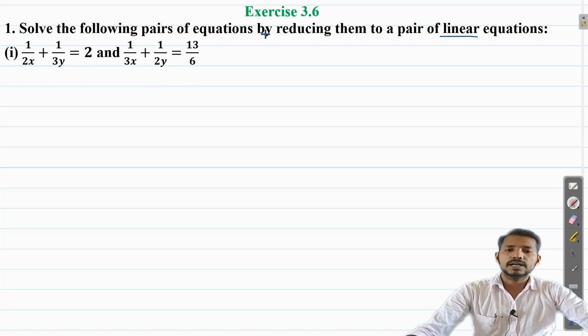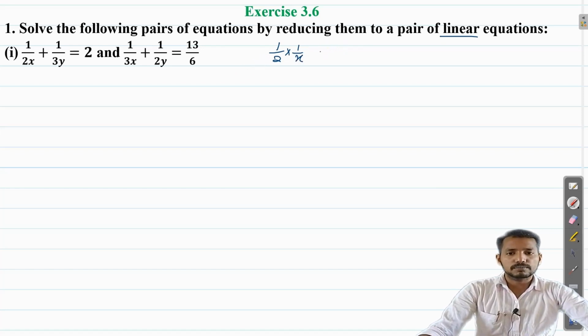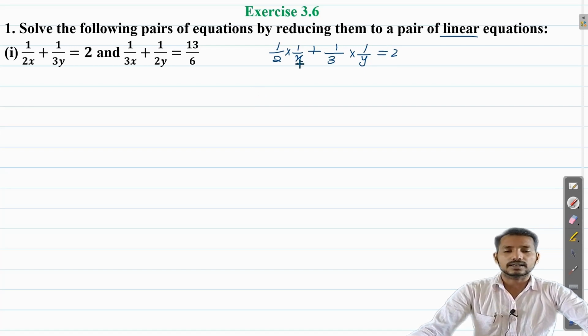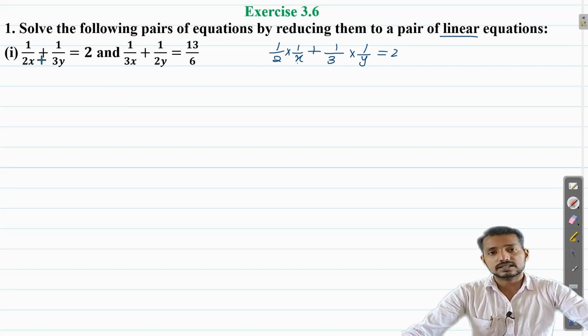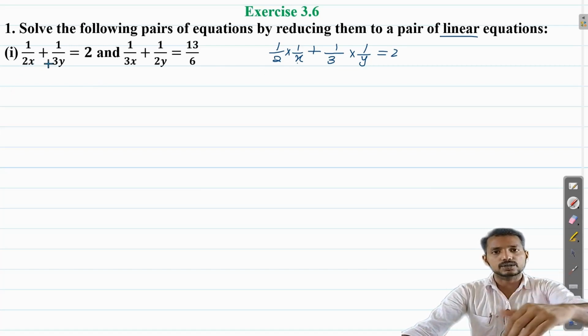Here 1 by 2x we can write as 1 by 2 into 1 by x, as well as 1 plus 1 by 3y we can write as 1 by 3 into 1 by y is equal to 2. So here we are going to assign this 1 by x in terms of another variable. That is the first step. We need to reduce this equation into linear form.